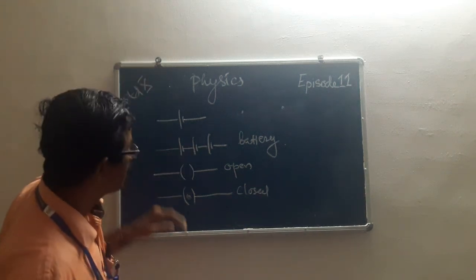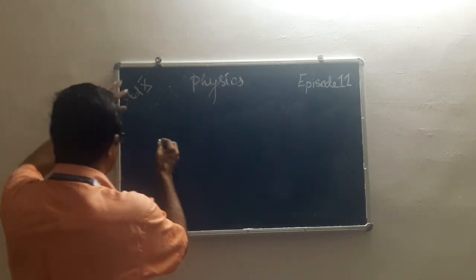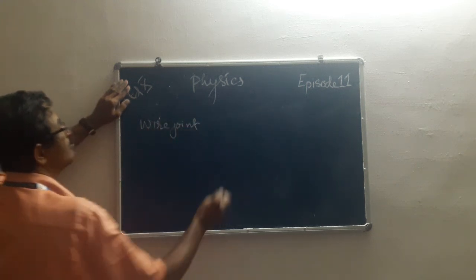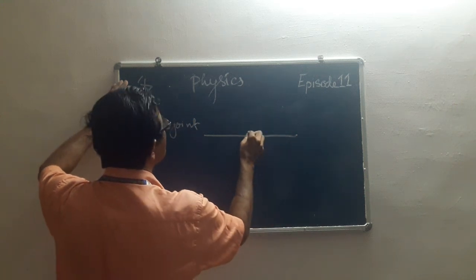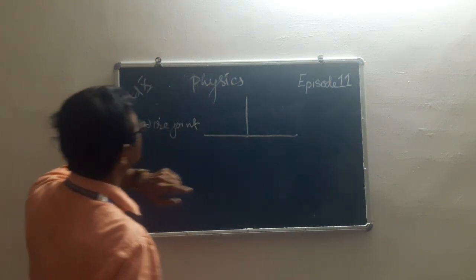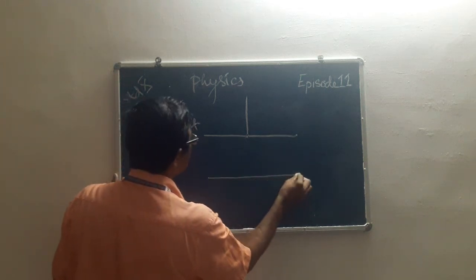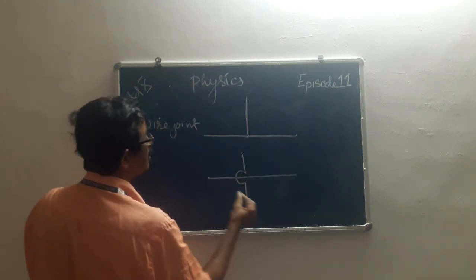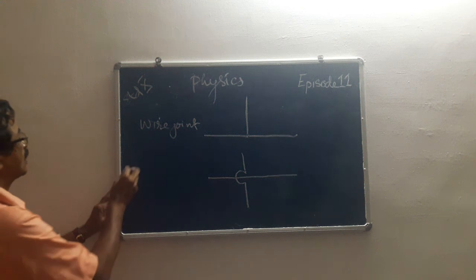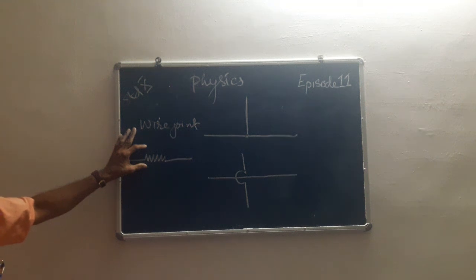Then we discussed wire joints. That means here on a wire, we are joining another wire, or here this wire is joining. This is the symbol for a wire joined, and another one is a wire crossing without joining. Here the wire is crossing without joining. Then the resistor, the symbol of the resistor.